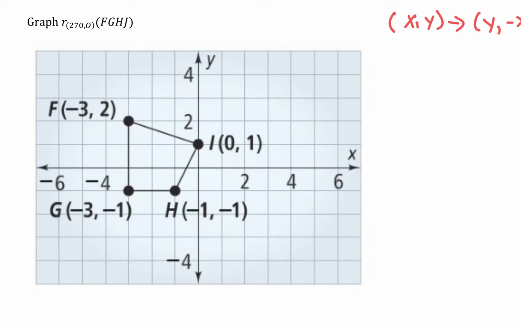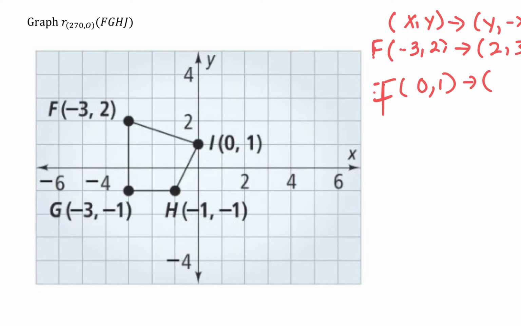When you're doing the rotation, I recommend you write down, for example, here you're going to write down the ordered pair, which is (-3, 2), and this is F, right? And then just go and write down what the transformation is. So in this case, it's going to be (2, 3). That's for F. We have I (0, 1).